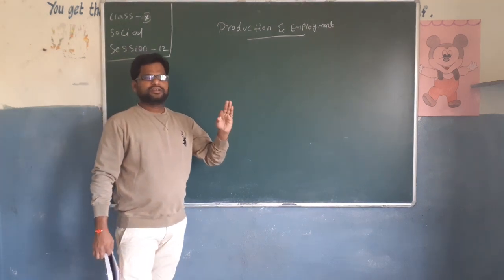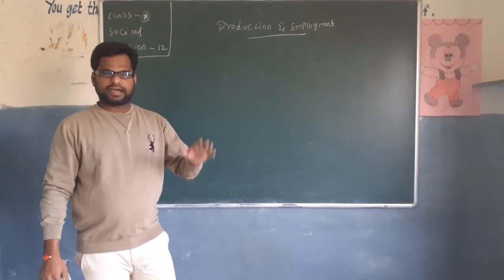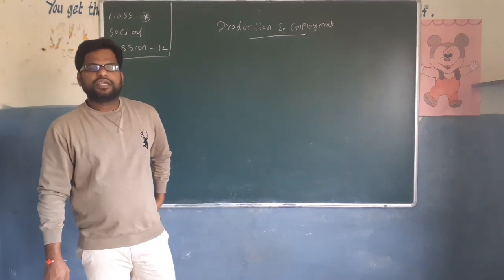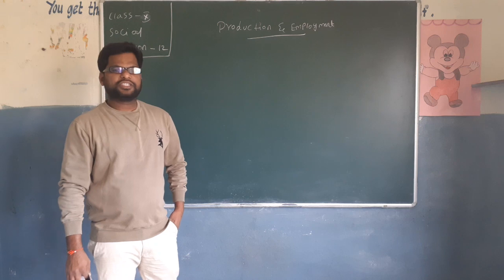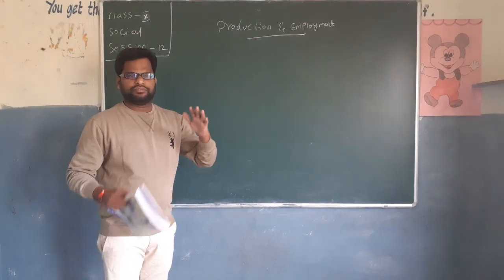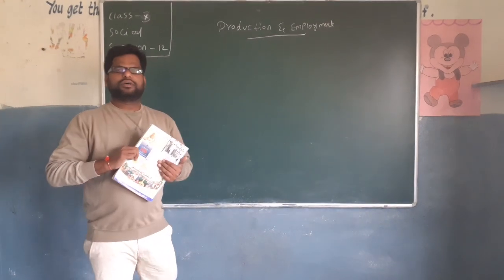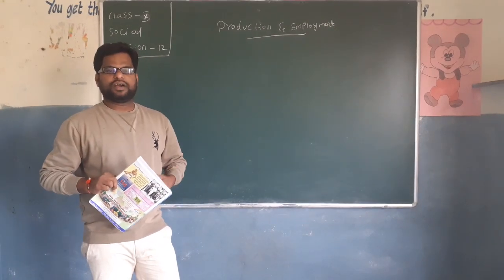We will have a few sectors and diagrams, in which we see the percentage of agriculture, industry, employment, and everything. We will go through the textbook and see the examples and diagrams that they have given.